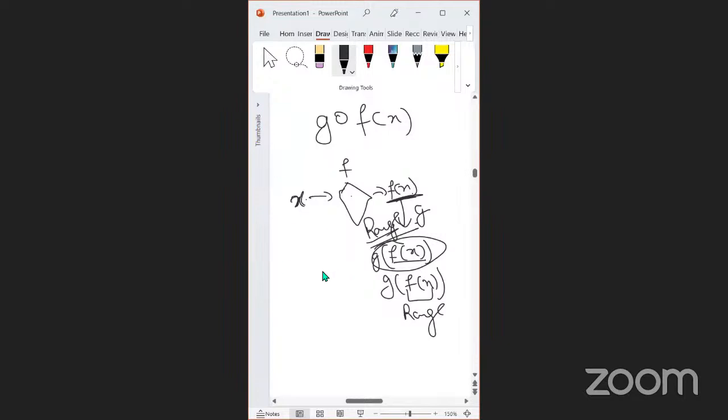So the range of f of x will be a subset of the domain of g, only then will f of x go inside it. And if f of g is asked, then the range of g of x will go into f.